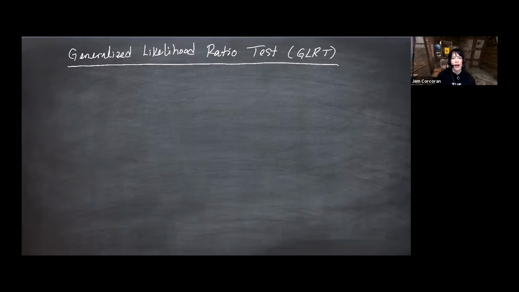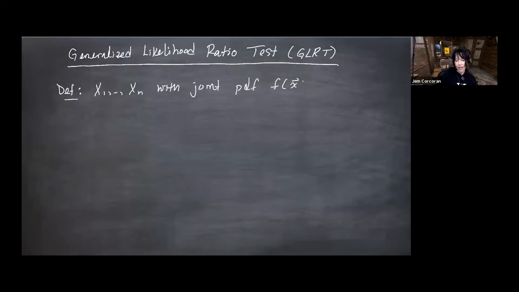Okay, so to define a generalized likelihood ratio test, I need to define a generalized likelihood ratio. And so here goes. Suppose I have X1 through Xn with some joint PDF f of the vector x and theta. So I'm going to define the so-called generalized likelihood ratio.